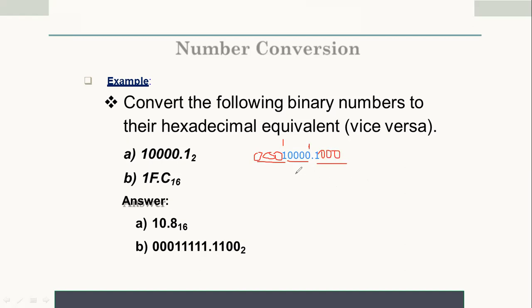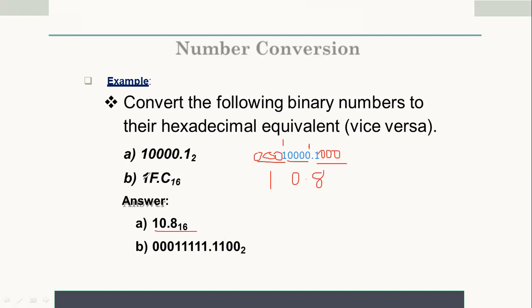Now what is the equivalent? 0, 0, 0, 1 is 1. 0, 0, 0, 0 means 0.1000. The equivalent hexadecimal is 8. So 10.8 is the resultant hexadecimal for the given binary number. Okay, ma. So this is the result we are getting.